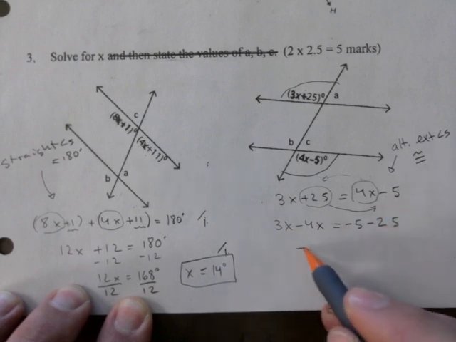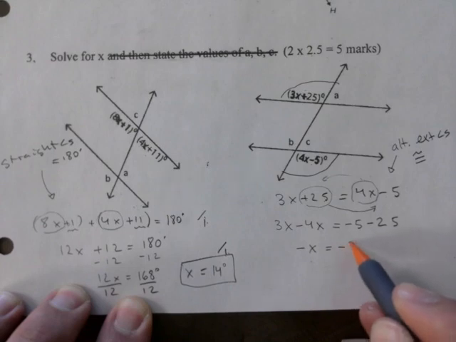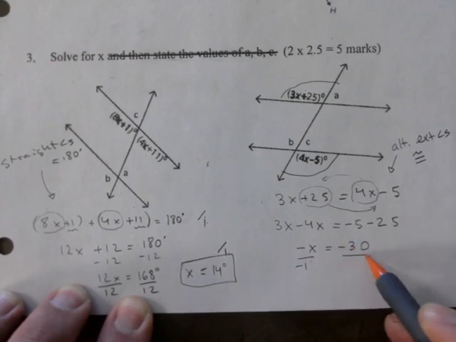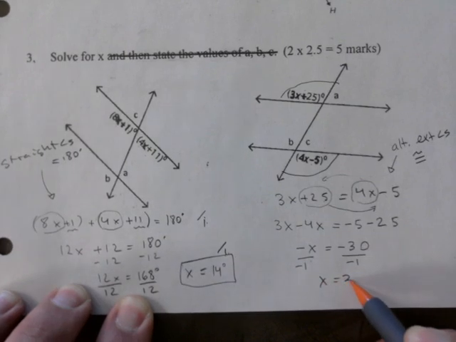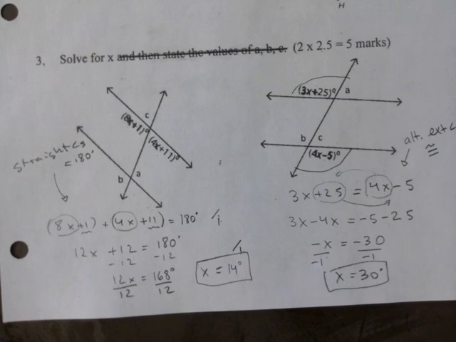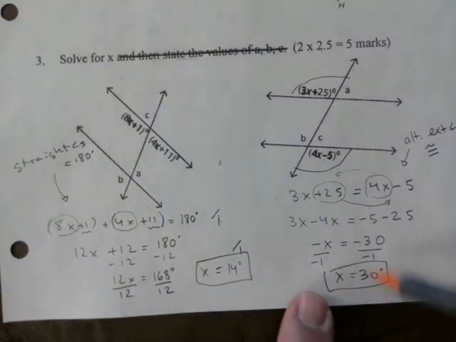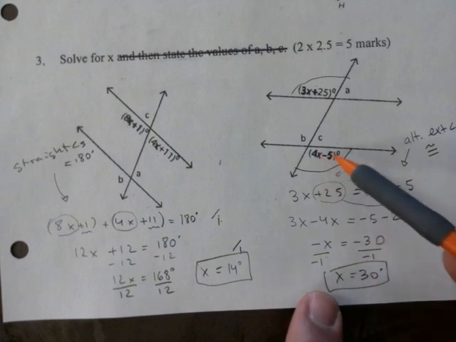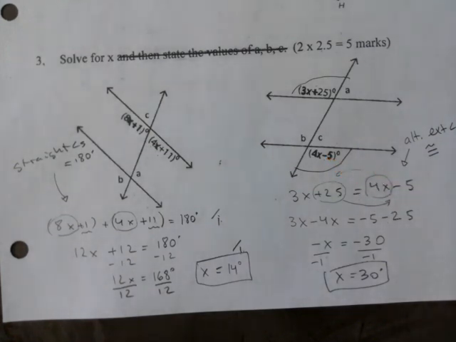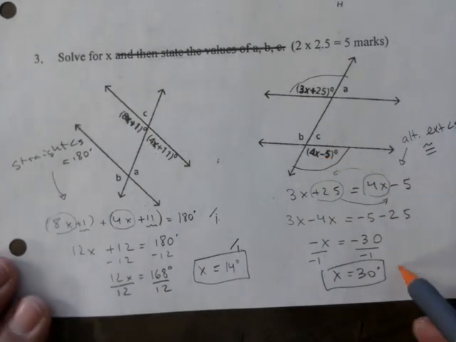So you end up with negative x is equal to negative 30, and you divide by negative 1. x is equal to 30 degrees. And now you could go back and plug it in and find any angle you wanted. Like 4 times 30, that's 120 minus 5, that'd be 115 degrees for this one, if they had asked you for it. But I told you to stop here, so you're good.